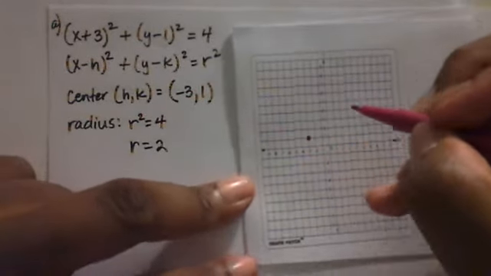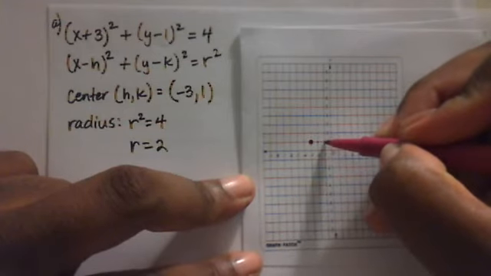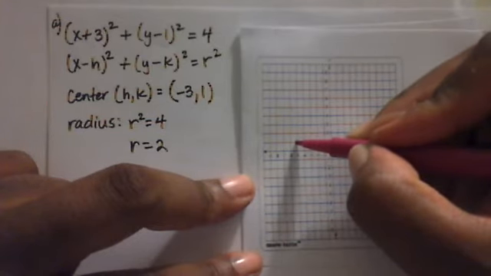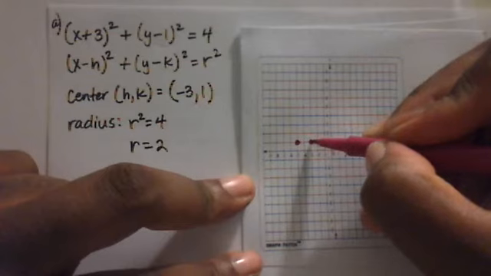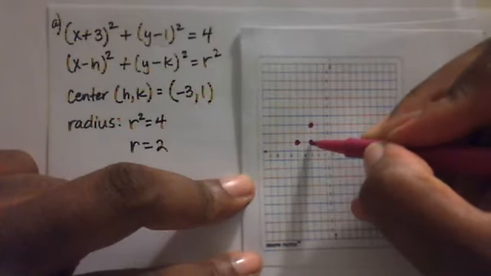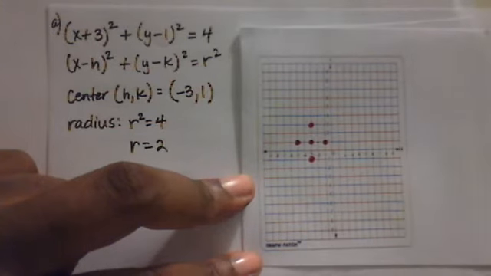Now, since that radius is 2, we start from the center and go to the right 2 and draw the point. And then from the center, we go to the left 2, draw the point. Again, from the center, we go up 2 and draw the point. And again, from the center, we go down 2 and draw the point.